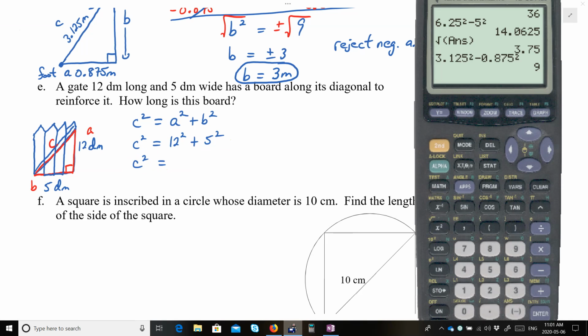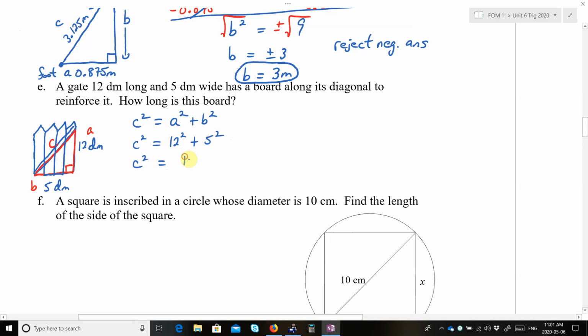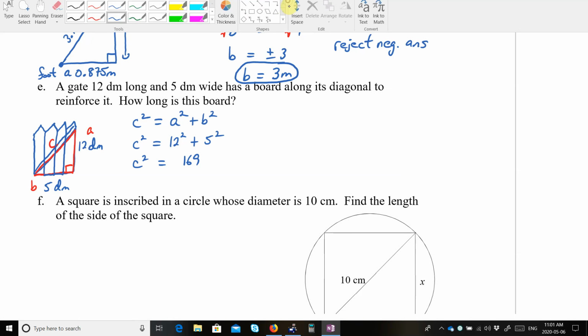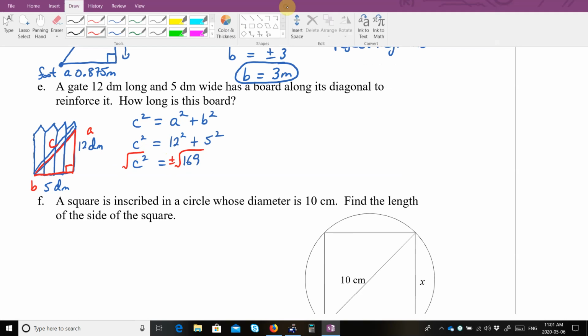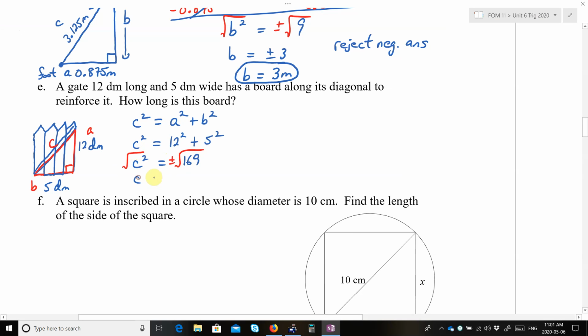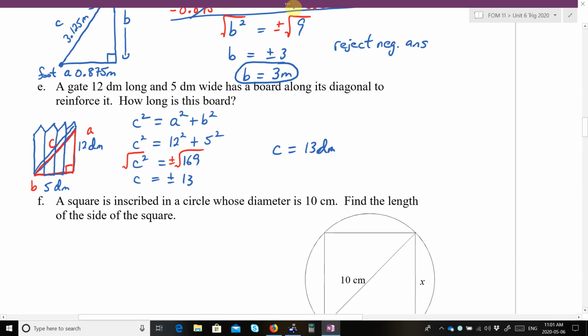So C squared is equal to 12 squared plus 5 squared, and we get 169. C is equal to plus or minus 13, and we would say C is equal to 13 decimeters.